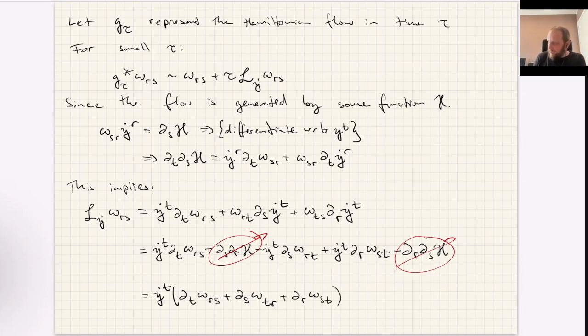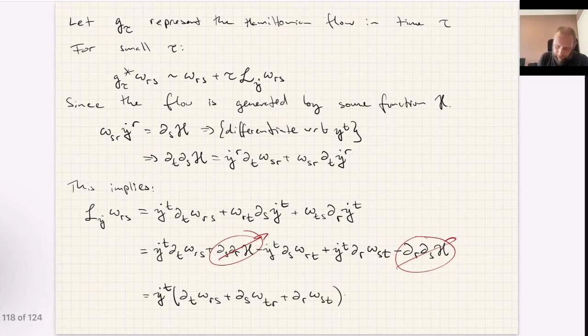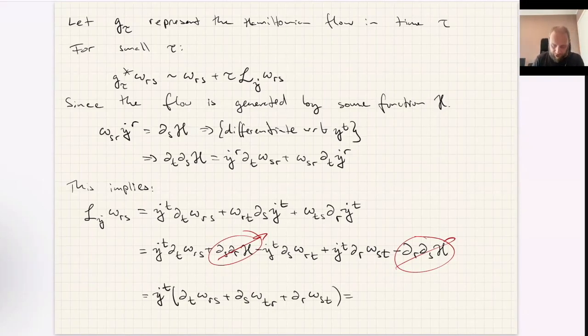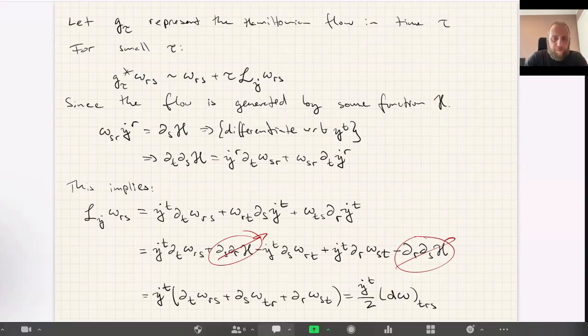Now, you can see that if omega is antisymmetric, which it is, then you can actually rewrite this as y dot^t divided by 2 times the trs components of d omega. Okay, so that's that.